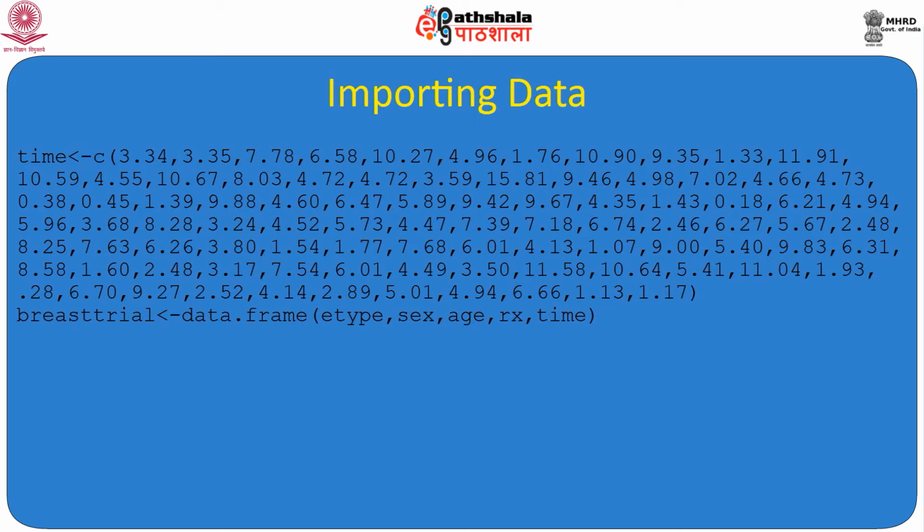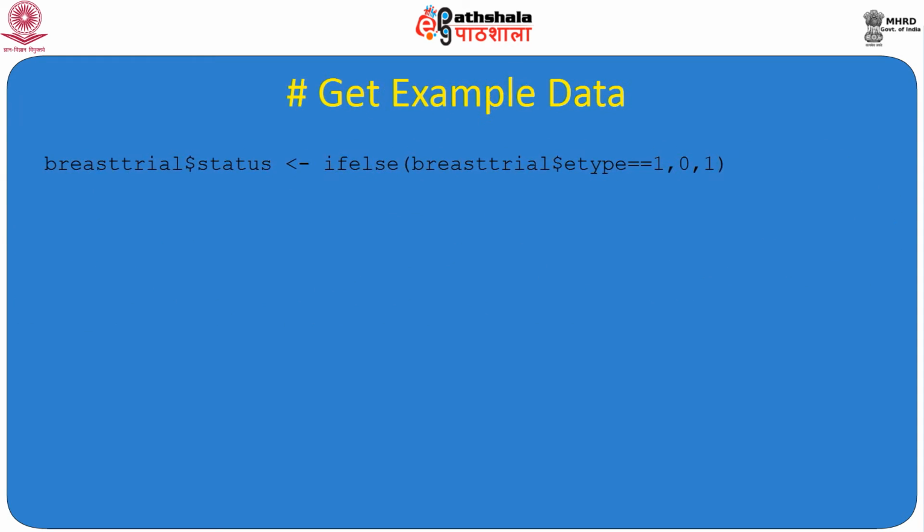Now we will call the breast trial, see the data, and from this trial we will obtain the incidence rate. This example is obtained from a clinical trial where we can find out the incidence rate, but the same kind of data can also be generated from a cross-sectional study design or observational study design.